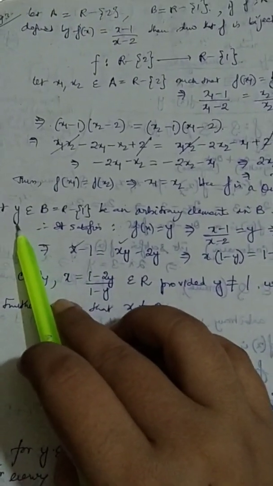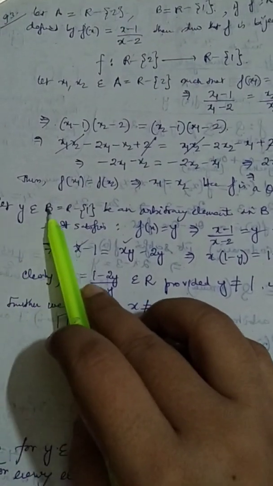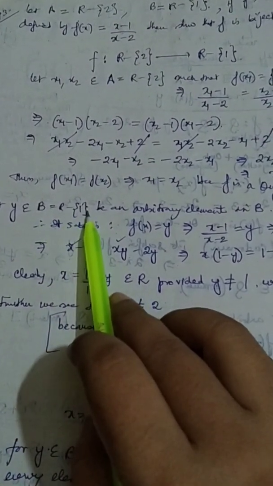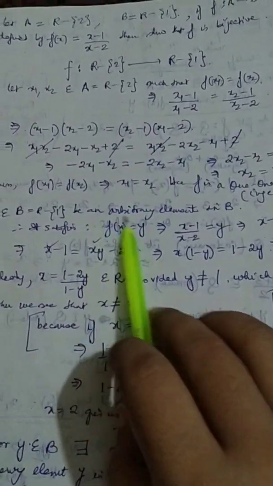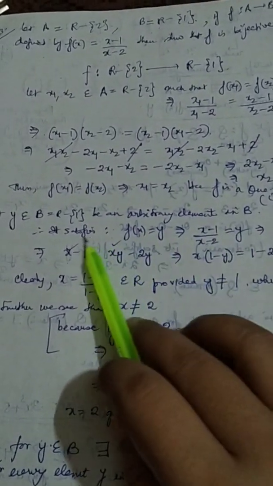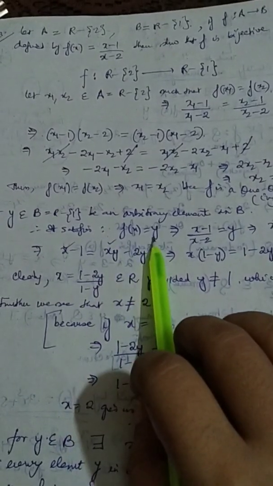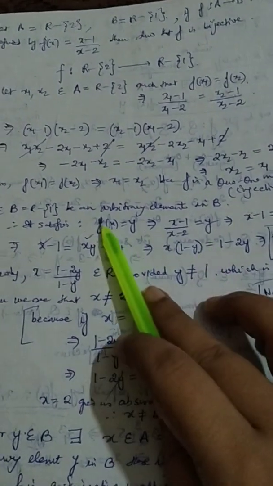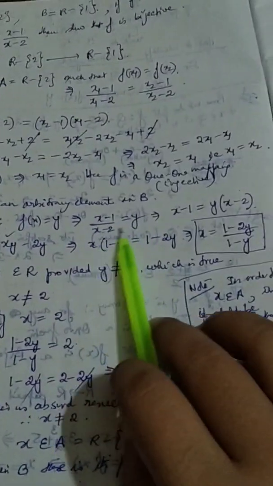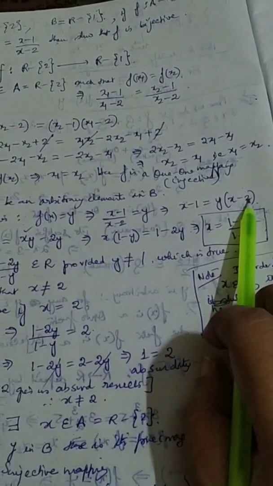Then we will do it for onto. How will we proceed? Let y belong to the set B, which is R minus 1, an arbitrary element in B. So it satisfies the condition f(x) = y. I have replaced f(x) by this, and then I will simplify this and make x the subject.